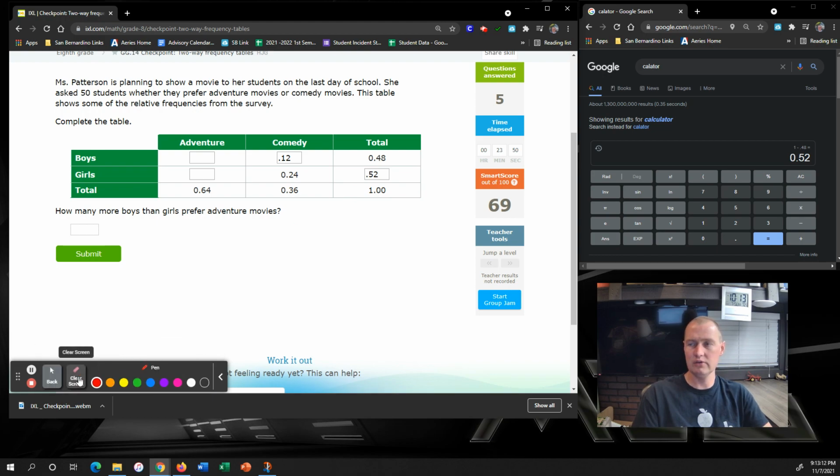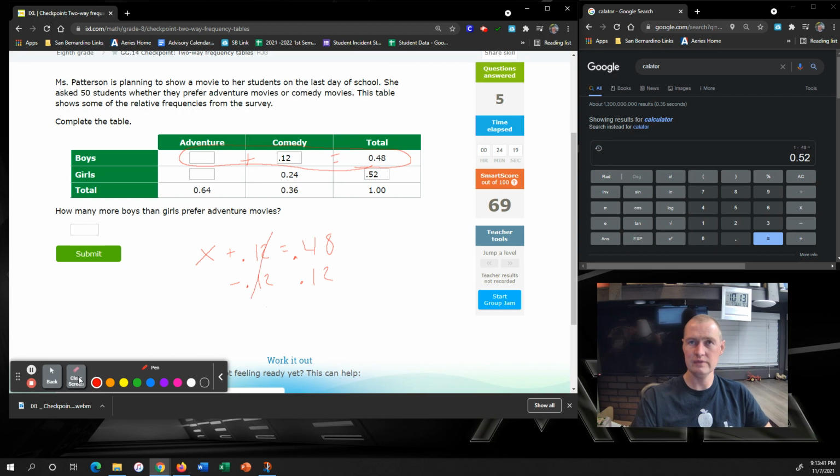Now we can go back to the first box because we have 2 in a row now to figure that out. So for Boys Adventure, we don't know. That's your X plus 0.12 equals 0.48. So what we're going to do is subtract 0.12 from both sides.